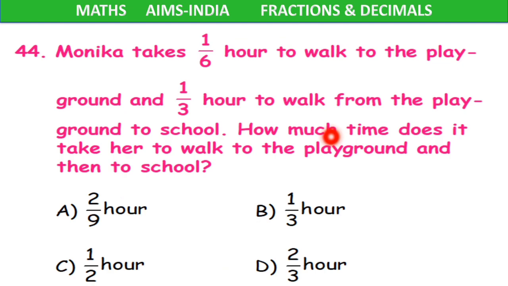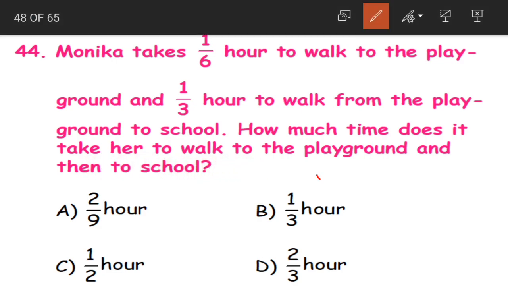Next question 44. Monica takes 1 by 6 hour to walk to the playground and 1 by 3 hour to walk from the playground to school. How much time does it take for her to walk to the playground and then to the school? First, for Monica to go to the playground, it takes 1 by 6 hour.